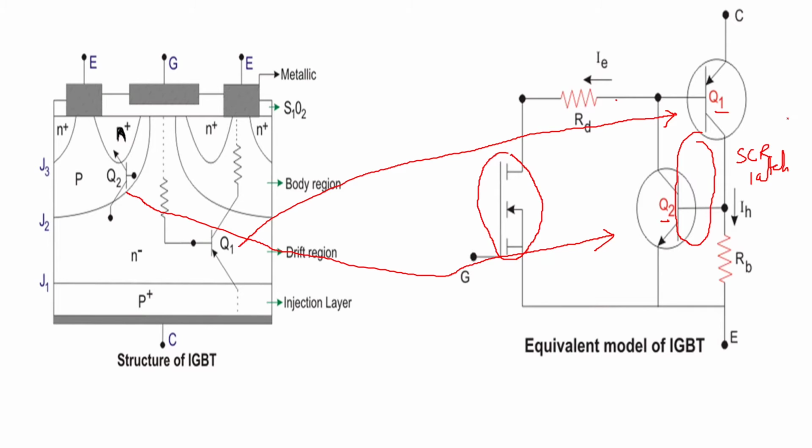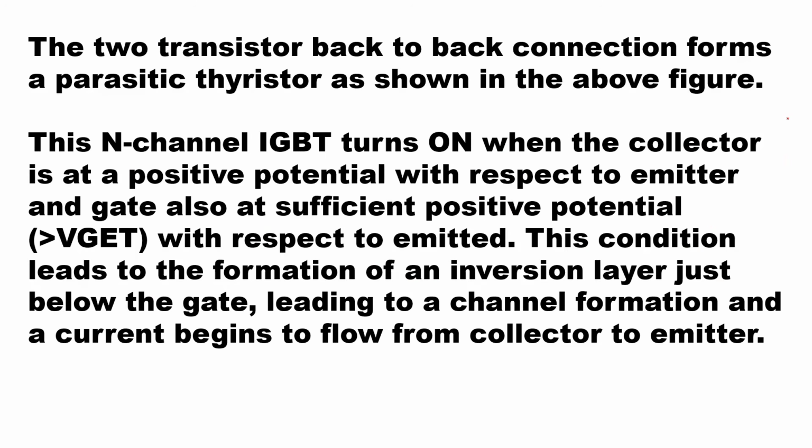On one side we have shown the structure of the IGBT, and on the other the equivalent model. We can conclude that the two transistors in back-to-back connection form a parasitic thyristor, a parasitic SCR, as shown in the equivalent circuit.